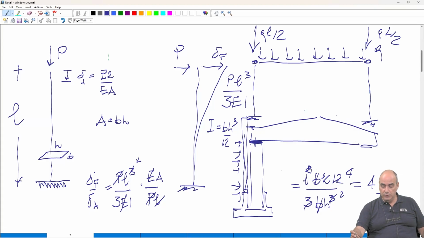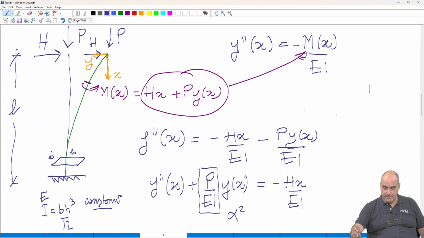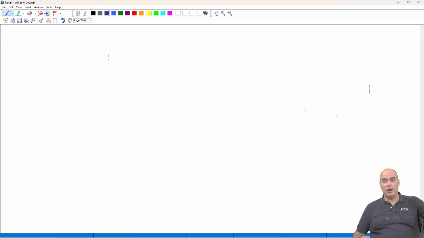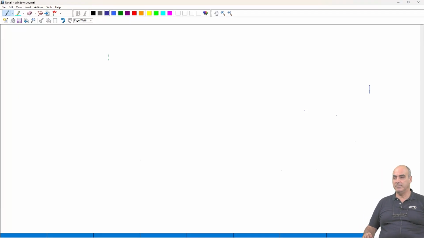What can you do? You don't want to change your concrete because, for example, there is a special program you applied for some funding, and the goal of that funding was that you had to use 120 megapascal concrete. So you are stuck to that.